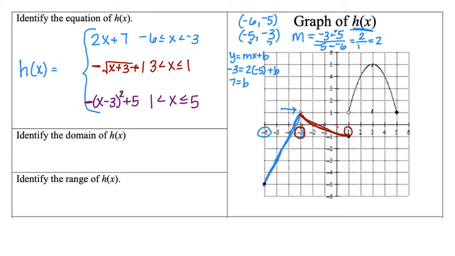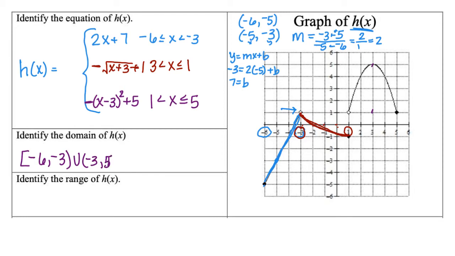Now identify the domain. It looks like as far left as we'll go is -6, and we have a break at -3, and then we'll pick back up on the other side of that -3 and go to, looks like 1. But 1's filled in down there, so it looks like we'll keep going until we get to 5.